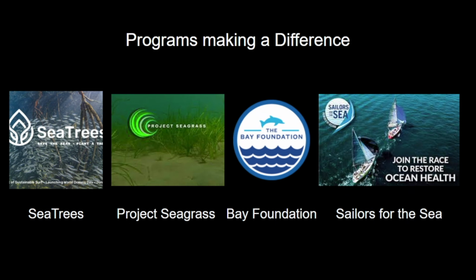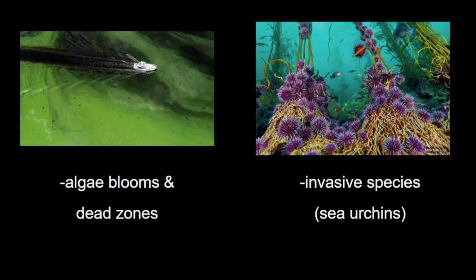And then you have programs that are actually making a difference, and these are all programs that you as an individual can go and not only do research upon, but you can actively be a part of. So the first one we have is called Sea Trees, and they're by Sustainable Surf.